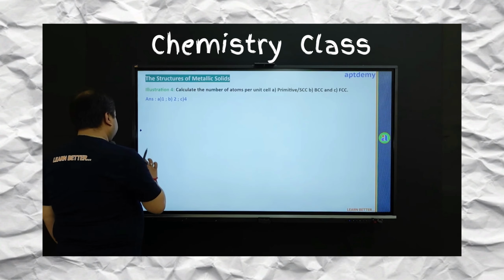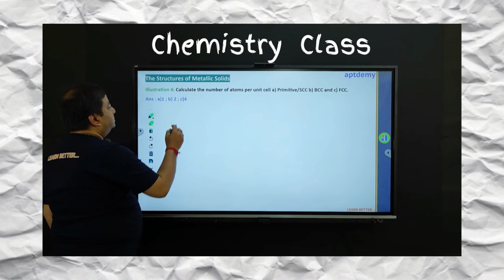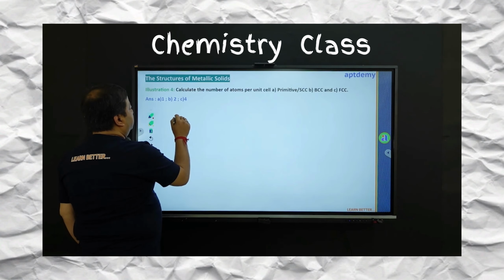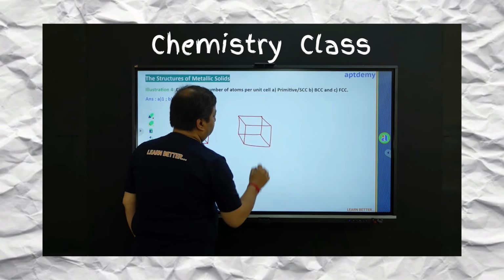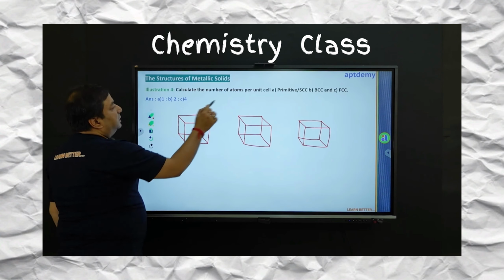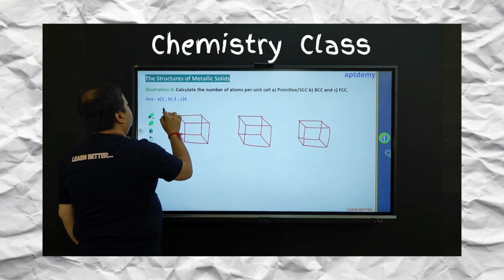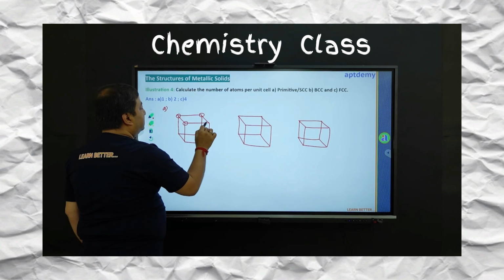So, let us draw the unit cells first. I am answering part A. So now I will place spheres like this at the corners.